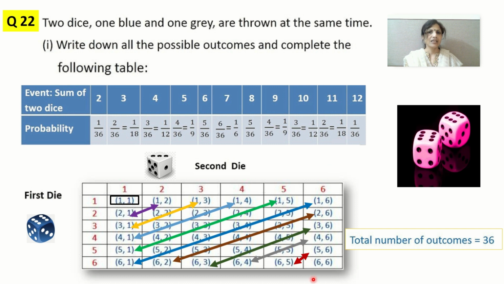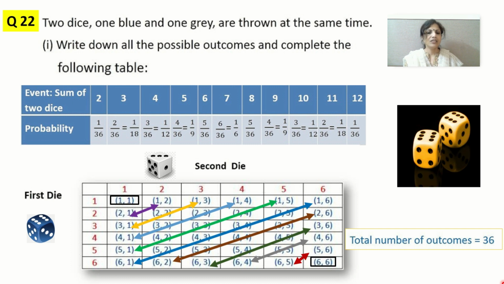And the last, sum of the numbers on both the dice is equal to 12, and that is only one outcome, that is 6, 6. So 1 upon 36 is the probability of getting the sum of the numbers on the top of the dice as 12.